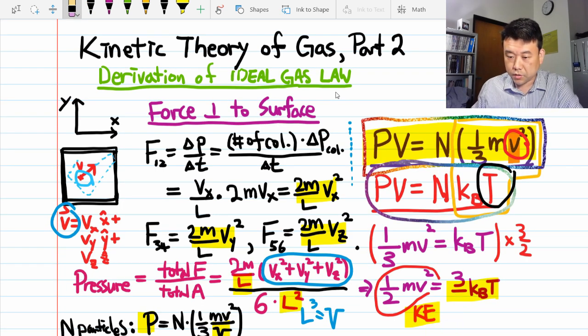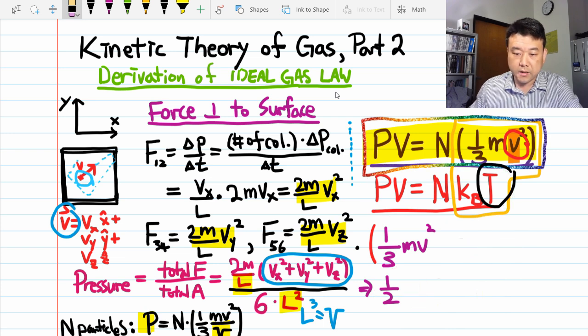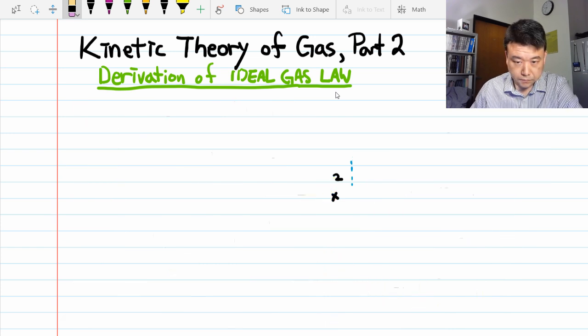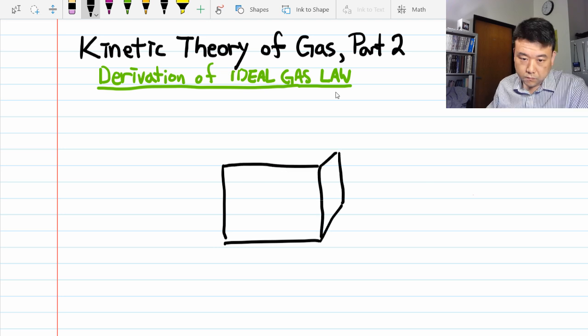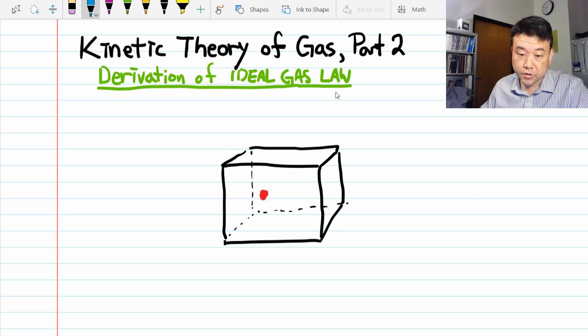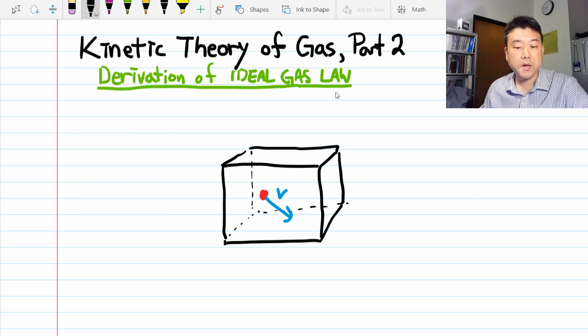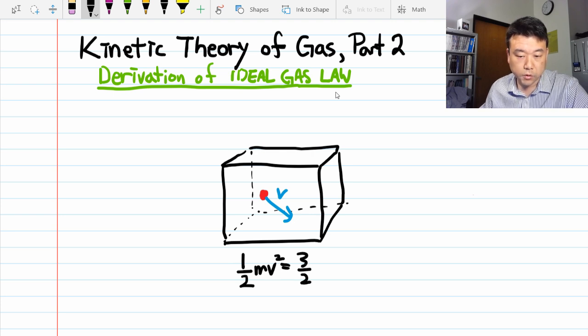Let's go back to the picture of a single gas particle in a cubic volume. This gas is at some temperature, and that also means it's moving at some velocity v. And as we just talked about, there's a relationship between the temperature and this velocity: the kinetic energy, 1/2 mv squared, is equal to 3/2 Boltzmann constant times the temperature.